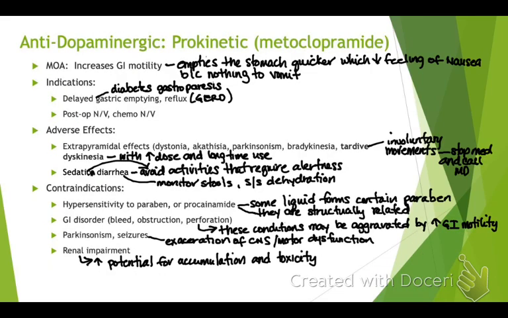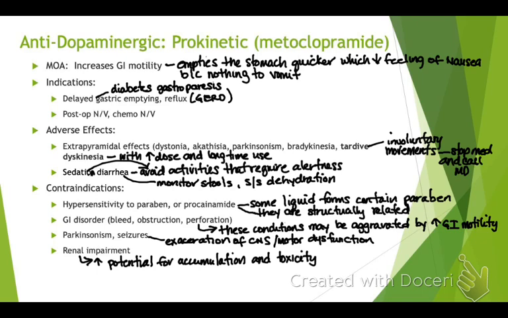So your prokinetic, which is your metoclopramide, another anti-dopaminergic. These anti-dopaminergic now, they work by increasing your GI motility. So it empties the stomach quicker, which decreases the feeling of nausea because there's nothing in it to vomit.